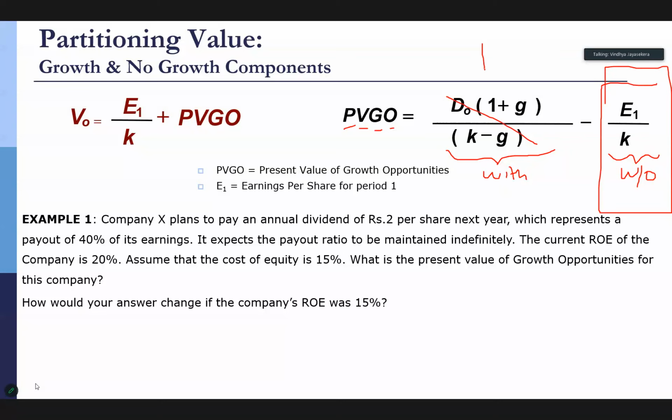So if I take the value of a growing company, whether it's constant growth or any growth, minus the value of a company that's not going to grow, what's embedded inside the share price is the present value of my growth opportunities. And as long as the share price is a fair price for the share, then I can use the current share price to figure out how much growth people have factored into the share price. Any questions?